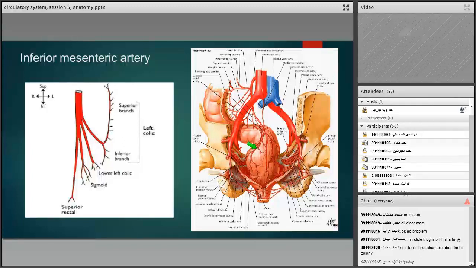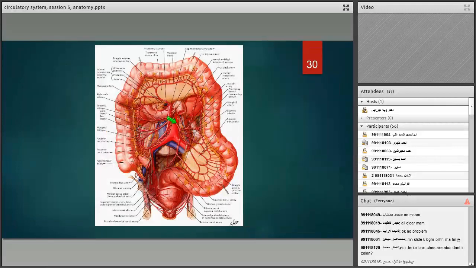Okay, so we have the superior rectal branches. We are supplying the blood for the upper parts of the rectum. Look at here. This is the inferior mesenteric artery. These are the left colic branches for the descending colon. These are the sigmoidal branches for the sigmoid colon.